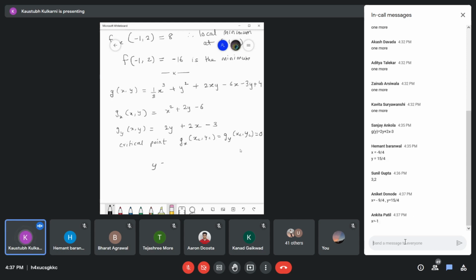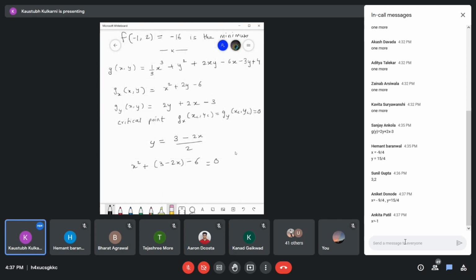So starting from here, we'll get y is equal to 3 minus 2x by 2. Okay, and here we already have 2y. So the first equation will become x square plus 3 minus 2x minus 6 is equal to 0, or x square minus 2x minus 3 equal to 0.